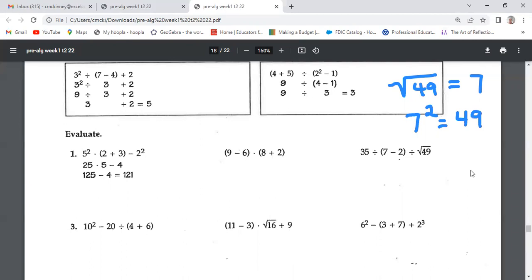So it does not mean half. Okay, it means you're thinking what number times itself could give me this answer. And roots are done in the same level as the exponent. Powers and roots are at the same level as exponents.